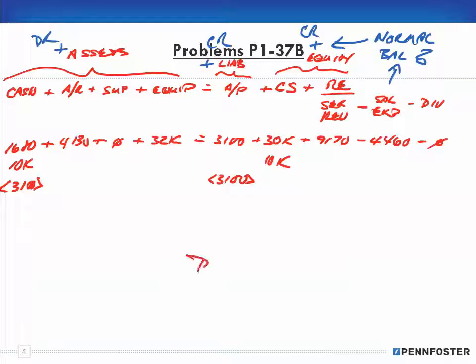And the reason why is because people have a tendency to go like this. Oh, well, I have my liability, I'm paying for my accounts payable. Well, I know accounts payable is a credit, and so that's 3,100, and that means I'm going to have cash of 3,100. And now all of a sudden they're wrong. Why?